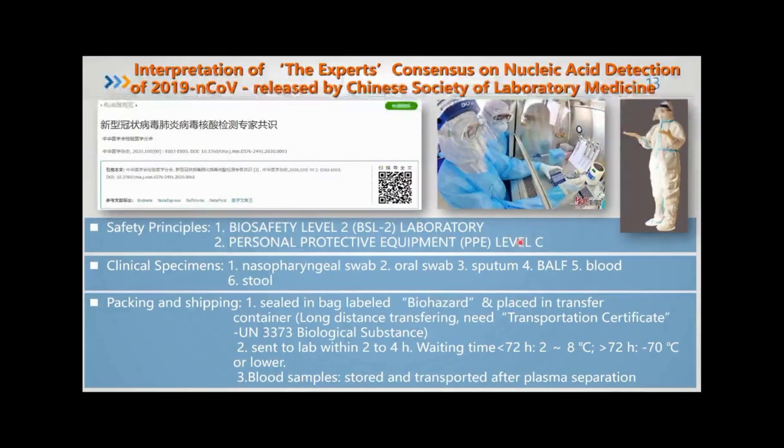Level C here means additional precautions, including personal protective equipment such as protective clothing, surgical masks, the face shield, and other physical barriers like a splash shield. Tests including nucleic acid tests and immunological tests should be performed at least in a BSL2 laboratory.